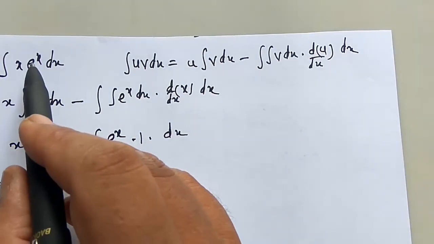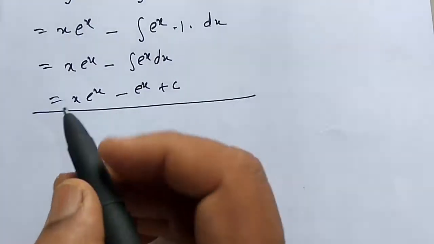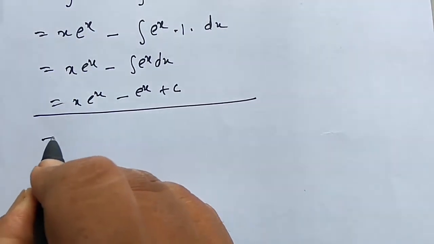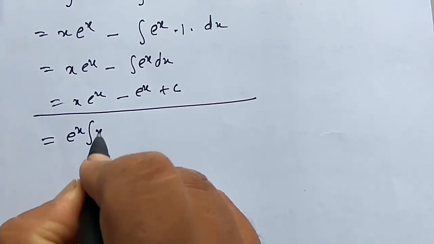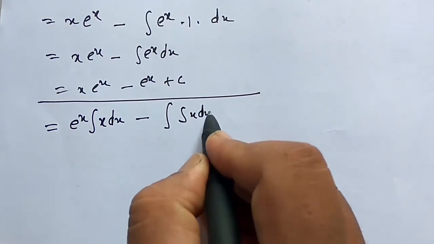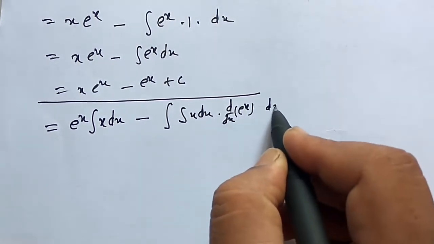Now you understand why I had taken the first function as x. If I had taken e raised to x as the first function, then we try to solve this example that way. So this is equal to e raised to x integration of x dx minus integration of x dx into derivative of e raised to x dx.